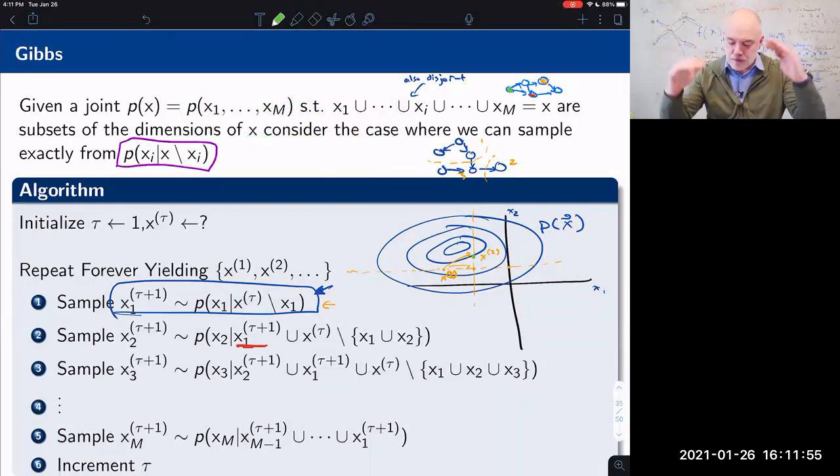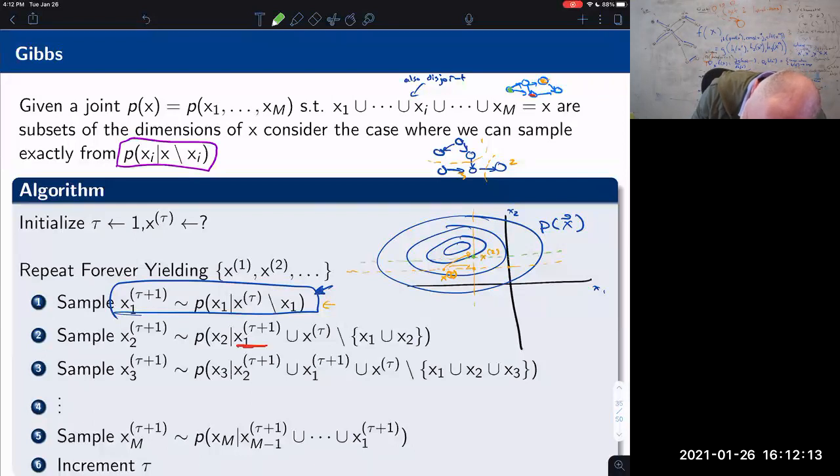Well, it's the renormalized conditional distribution on this, and maybe we get a sample of the value of X1 here. And then again, we sample from a conditional probability distribution centered here in the other axis, and maybe we sample something up here. So the next sample, X3, from a Gibbs sampler is here.